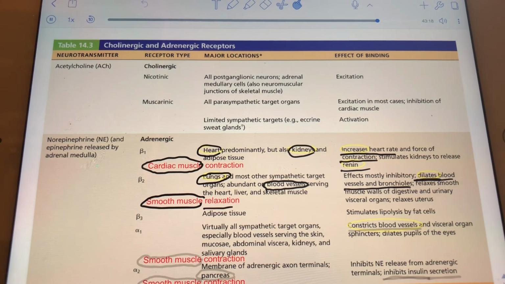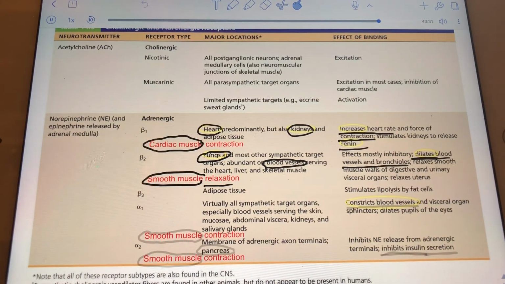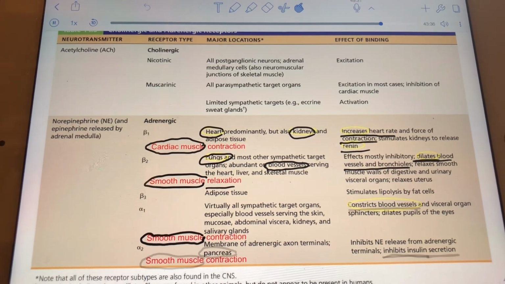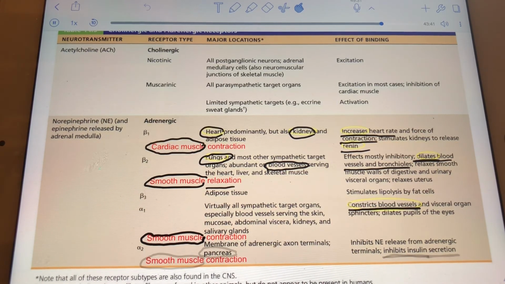When norepinephrine binds to an alpha 1 receptor, which is found in almost all of the sympathetic target organs, the effect is to trigger smooth muscle contraction. So, for instance, this would bring about vasoconstriction, okay?